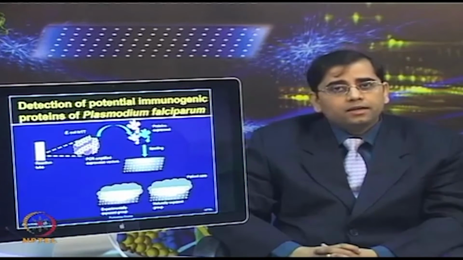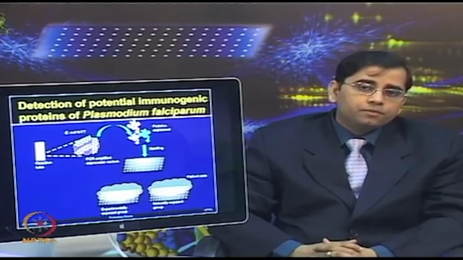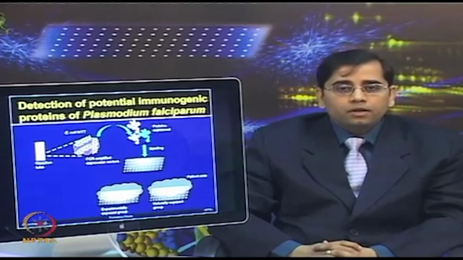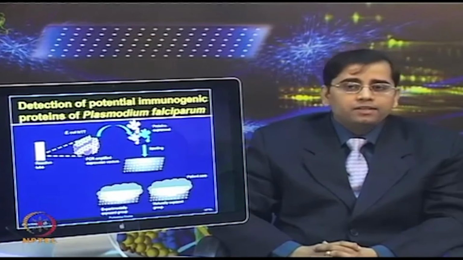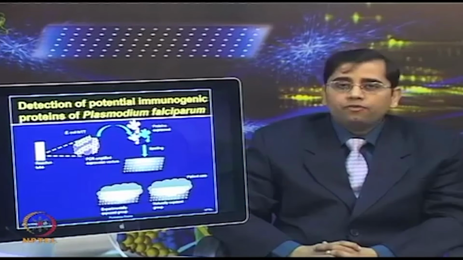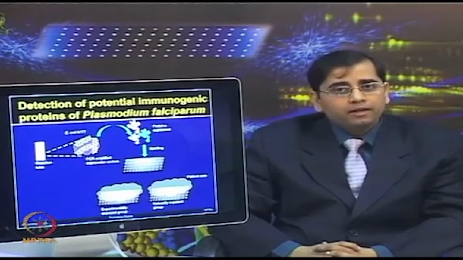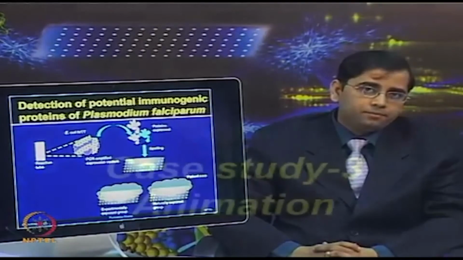The proteins expressed specifically in the pre-erythrocytic stage of Plasmodium, which was CSP, as well as some liver stage specific antigens such as LSA1, were identified successfully by applying cell-free expression based protein microarrays in this study.